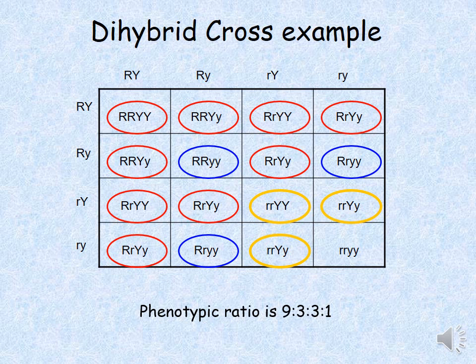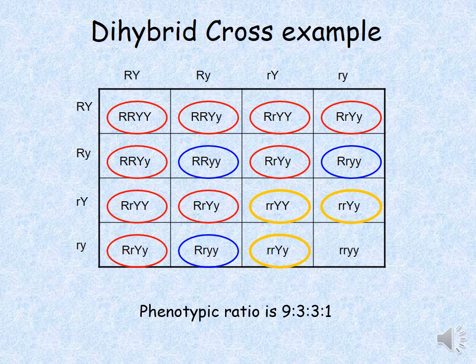I would say you definitely should remember for your practical and for tests that 3 to 1 phenotypic ratio with the monohybrid. The 1 to 2 to 1 is also very important, and that's the genotypic ratio.